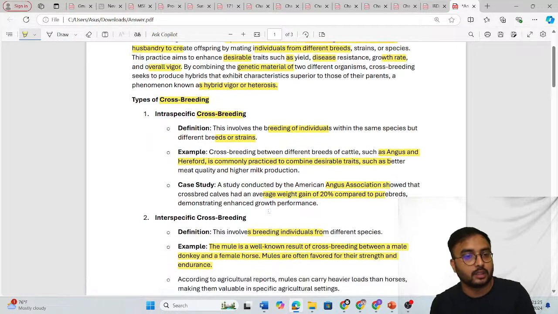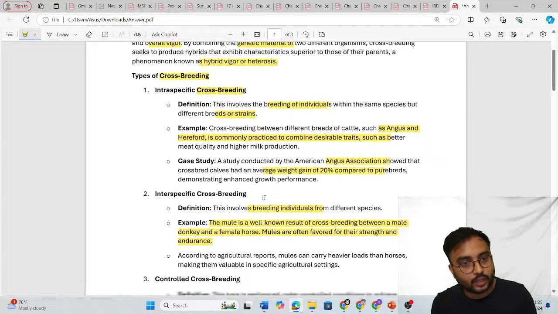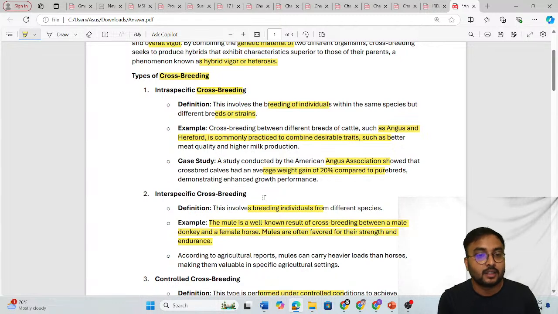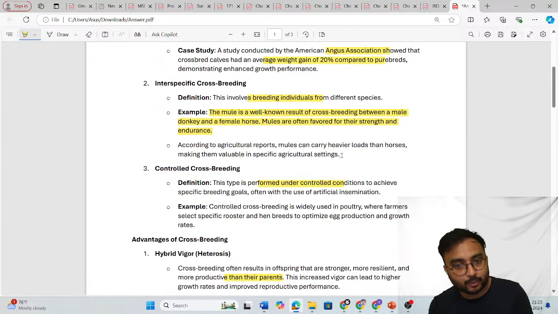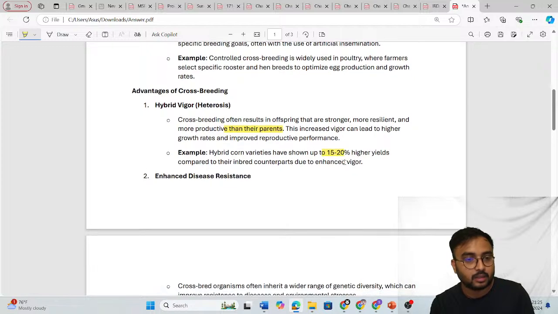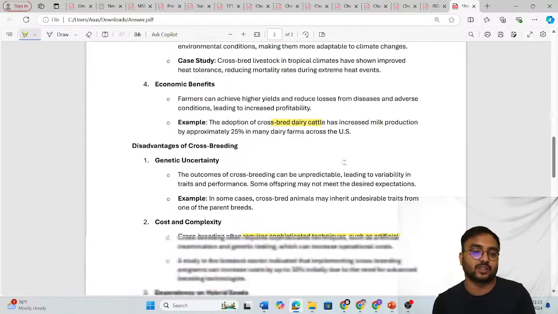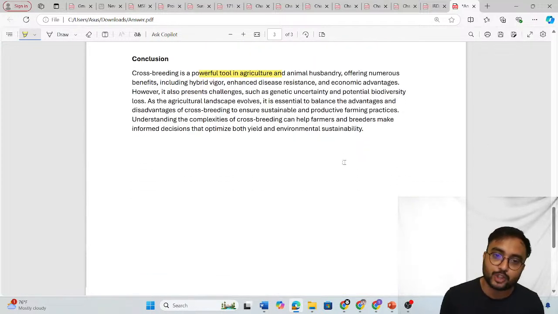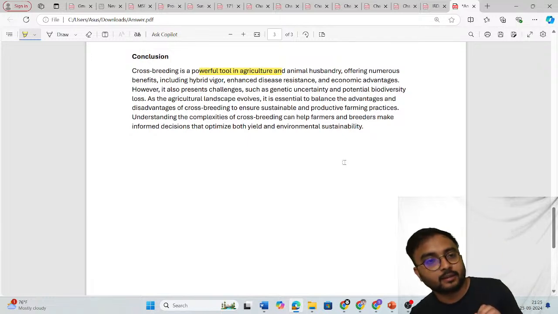Look at the introduction, then look at the first part, types of crossbreeding, then look at this first point, three sub-points. Each sub-point has a supporting point. An example is there, a case study is there, data is there wherever required. See your data. In this way, try to write an answer. The examiner will be impressed by you. A proper conclusion is there.